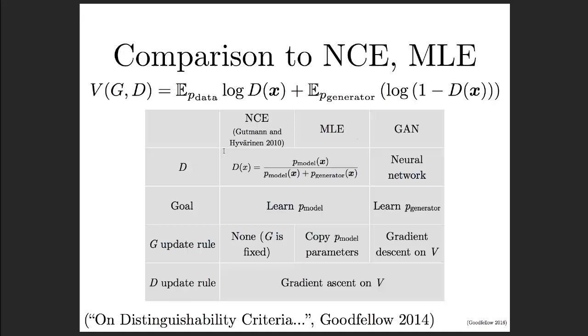Well, for noise contrastive estimation, the generator is used as a source of reference noise, and the model learns to tell samples apart from noise by assigning higher density to the data. So noise contrastive estimation might consist of generating samples from a Gaussian distribution and then training this discriminator function to tell whether a given input comes from the Gaussian distribution or from the data distribution. And it implements that discriminator function by implementing an explicit tractable density over the data and by accessing an explicit tractable density over the generator that creates the noise.